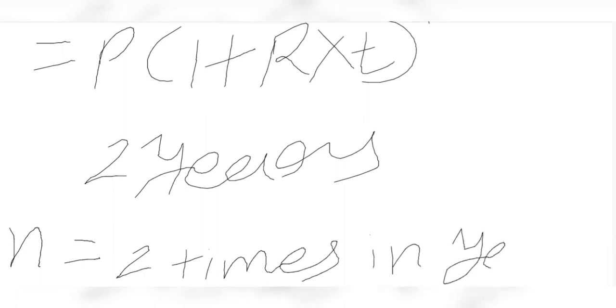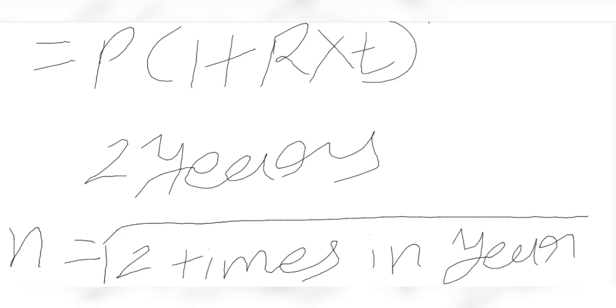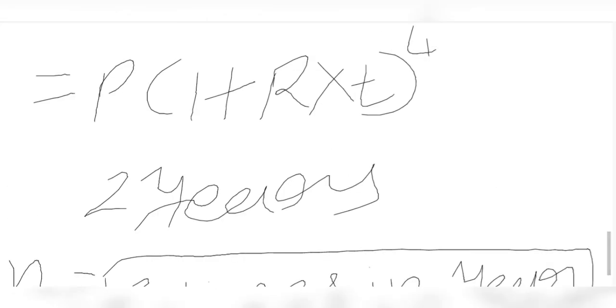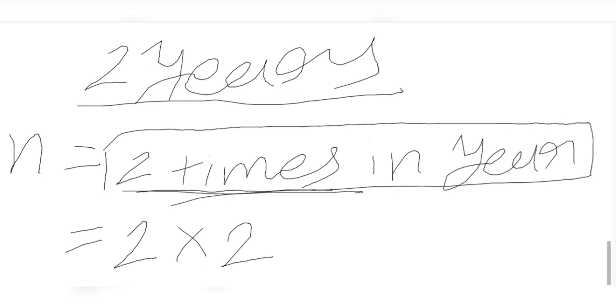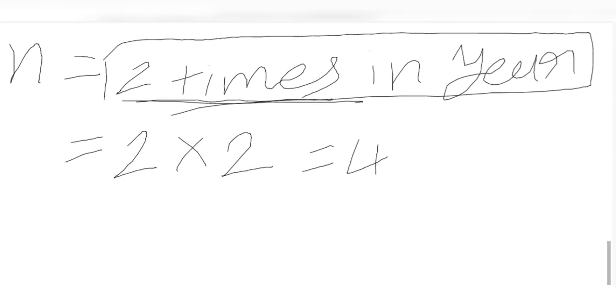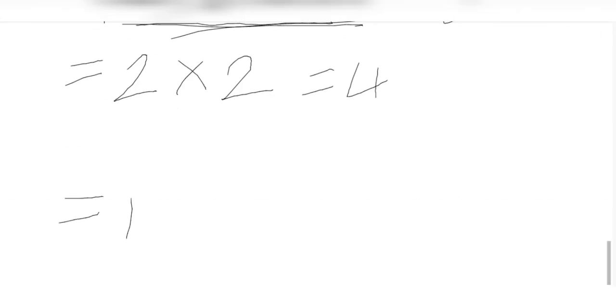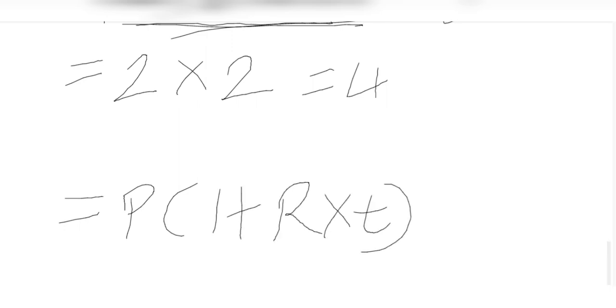These 4 we received from 2 years into 2 times, which is equal to 4. So we can change the formula to P into 1 plus R into T to the power n, means compounded times into T.